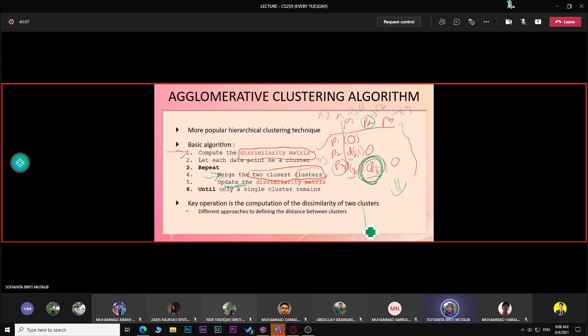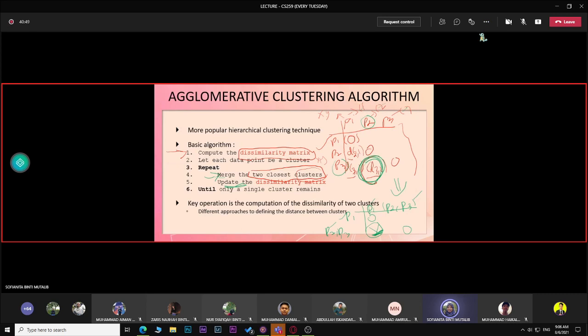From here you need to reconstruct a new dissimilarity matrix, in which P1 is maintained in its own cluster, and P2 and P3 are in another cluster. So currently we have cluster 1 and cluster 2. This is 0, this is 0, and then you have to find a new distance value for this one.